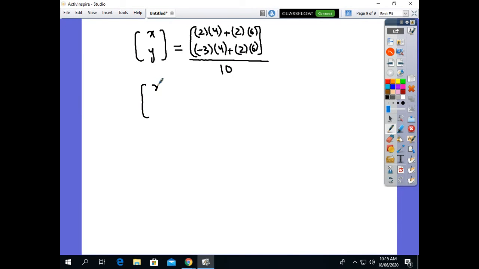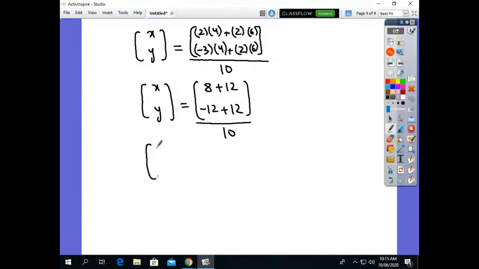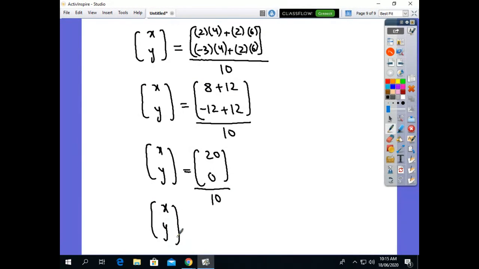Now after simplification we get 8 plus 12, negative 12 plus positive 12, divided by 10. Now it becomes 20, 0 divided by 10. Divide both numbers by 10. 20 divided by 10 becomes 2, 0 divided by 10 becomes 0.